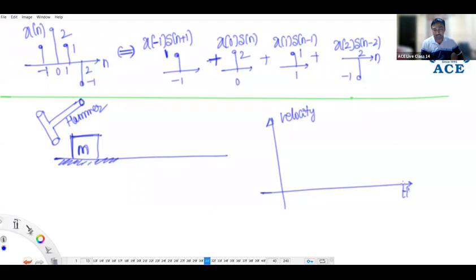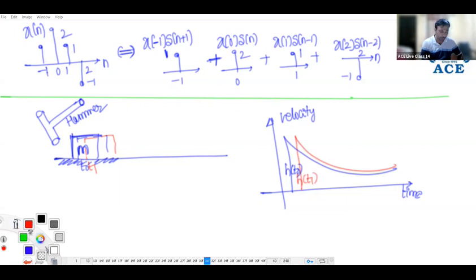If I make one hit, slightly the mass will go to a new position T0. Assume due to that impulse you hit, you got this as the output. If I take one more hit, slightly it will go to a new position T1. Assume the output is like this, h of T1. If I take one more hit, sir, it will go to a new position T2.